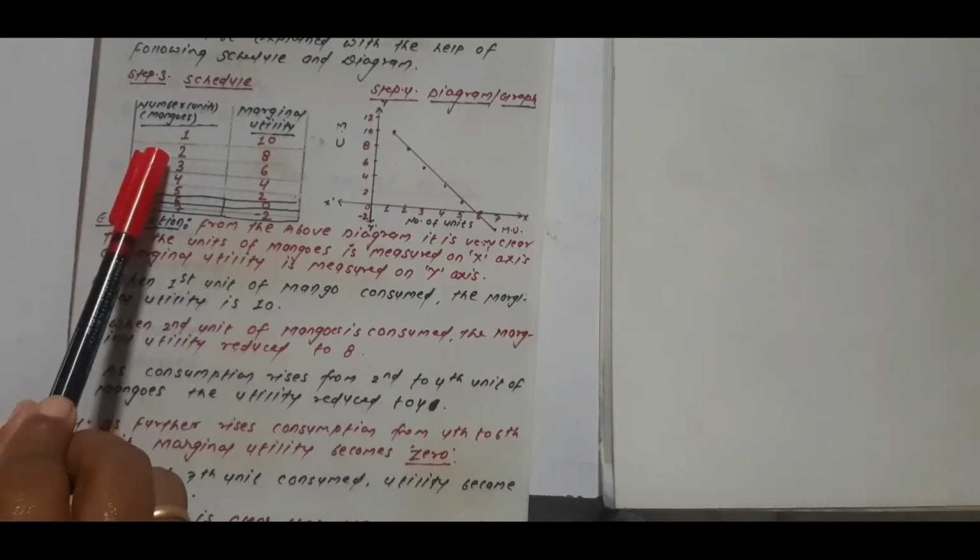It means from second to fourth, the third is already covered. So there is no doubt that we have not explained the third one; it is already covered in between second and fourth.